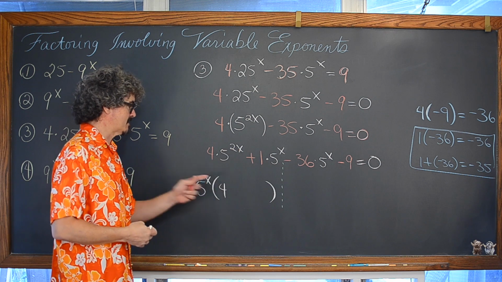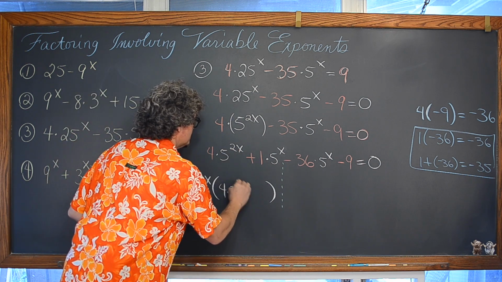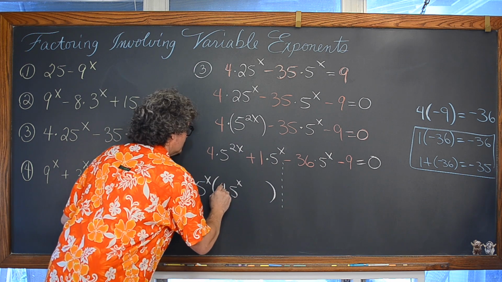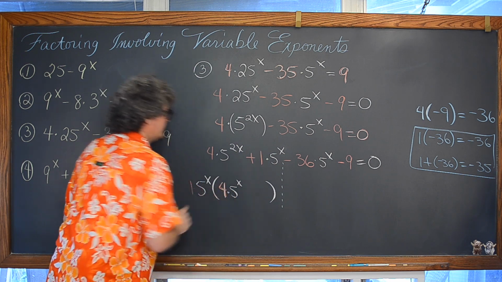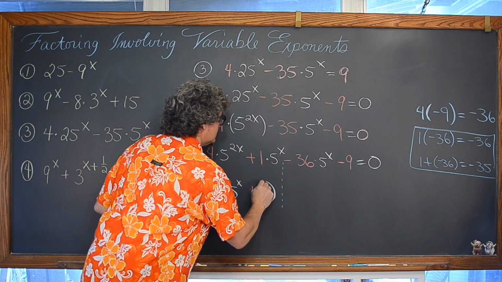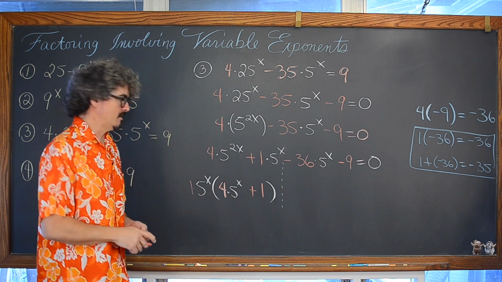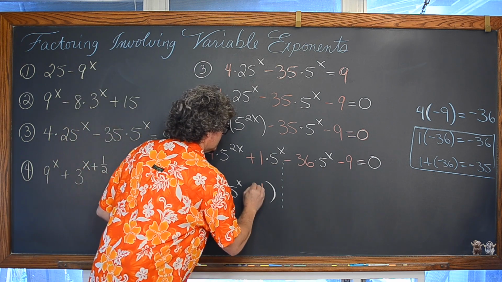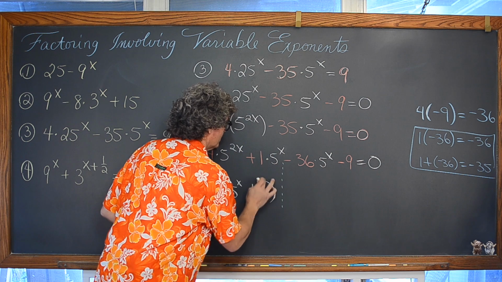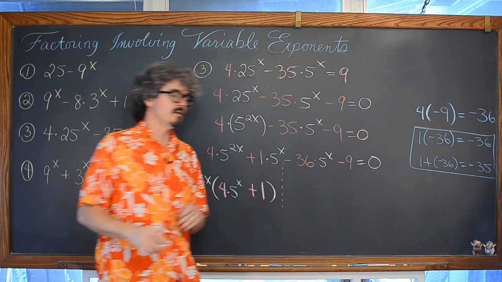So 2x minus x is going to be 1x. So 4 times 5 to the x. Let's go ahead and highlight that coefficient in red. And then plus 1, because 5 to the x power divided by 5 to the x power is just going to be equal to 1, which I guess I could keep as white, since it's not really a coefficient of a variable.